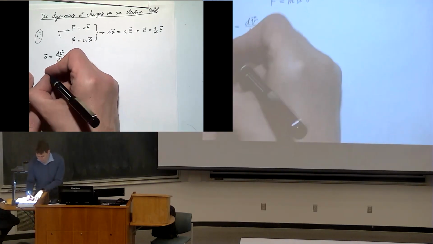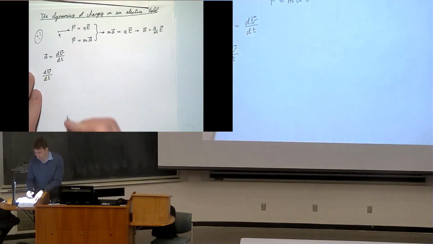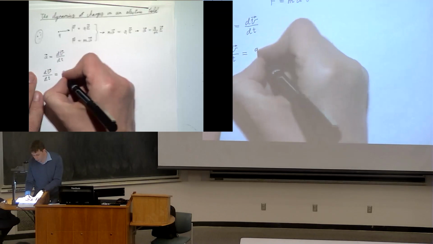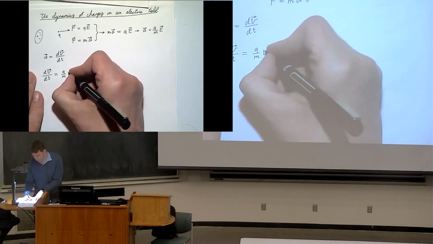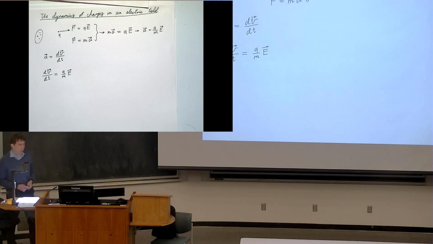And we therefore get an equation like this: dv over dt equals q over m times E. Those who already had a discussion section had an exercise on that, a bonus question about dipoles, and a regular question about a particle accelerated by an electric field.